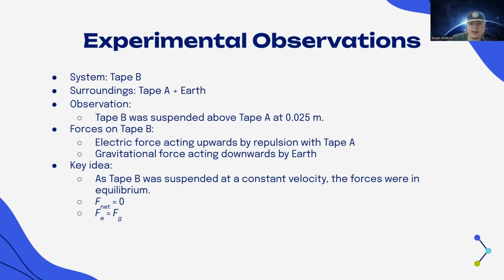The forces on tape B: electrical force acting upwards by repulsion with tape A, and gravitational force acting downwards by the Earth. Key ideas: as tape B was suspended at constant velocity, the forces were in equilibrium. Again, the force of repulsion must equal the force of gravity for the tape to float.